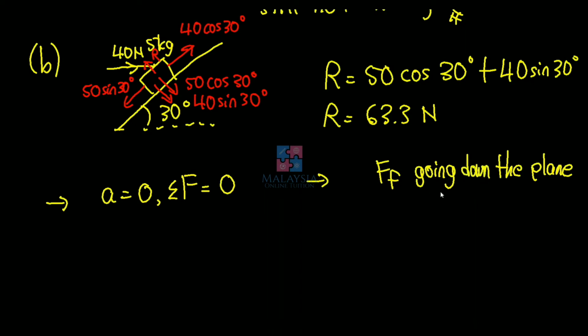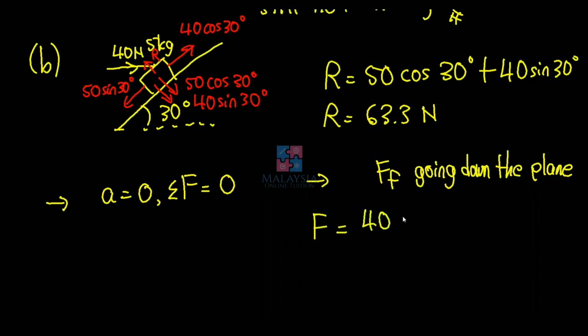So frictional force going down the plane. So going down the plane is this way. So it will be 40 cos 30 degrees, okay? And then, oh yeah, by the way, we have to establish something else first. For it not to be moving, let's say we establish F to be equal to going up minus going down.